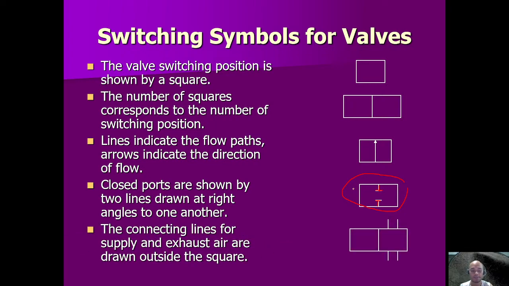Okay, next in here we have two positions, so two squares, and then we have one, two, three, four ports. So this is a four. There are four connecting lines. So you can put supply and exhaust air in this port or this connection.